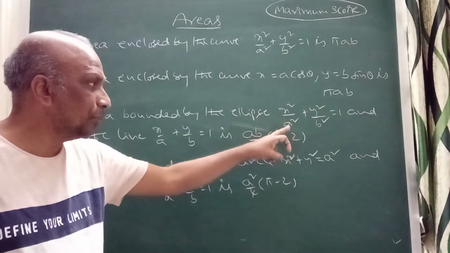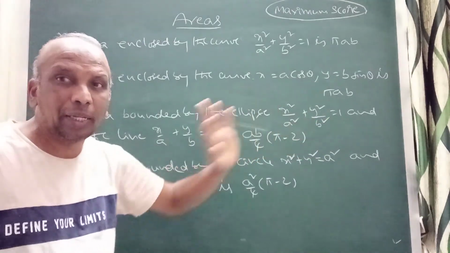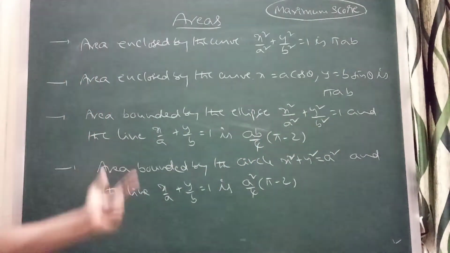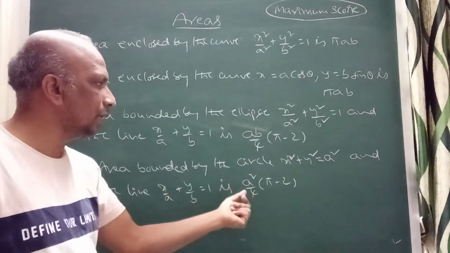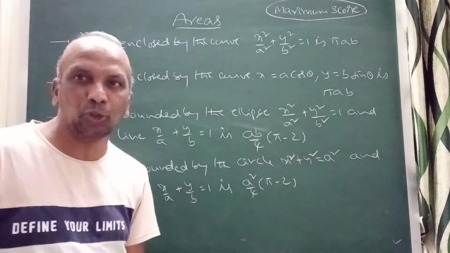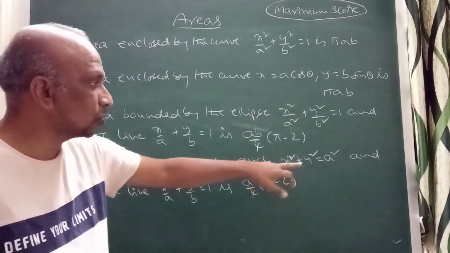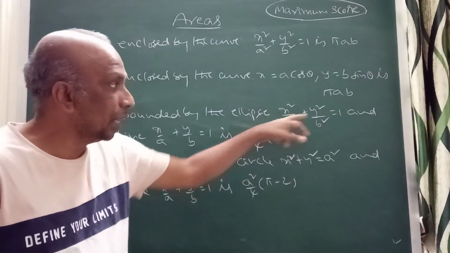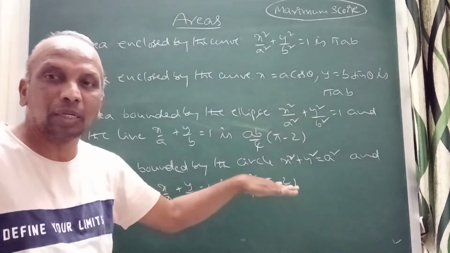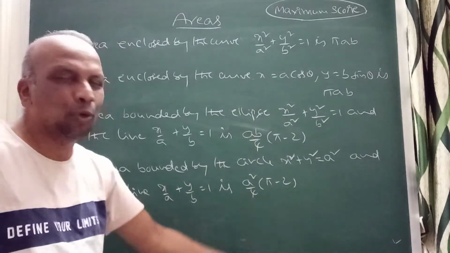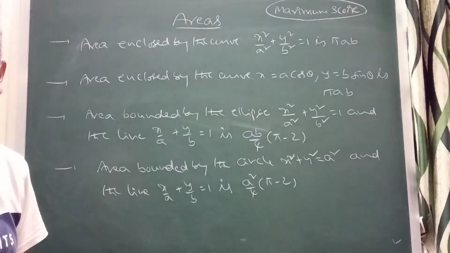A is the length of the semi-major axis, b is the length of the semi-minor axis. Suppose a circle and a line, then the area is a square by 4, pi minus 2. Why? Because x square by a square plus y square by b square is equal to 1. When a equal to b, it becomes a circle. Then area is a square by 4, pi minus 2.